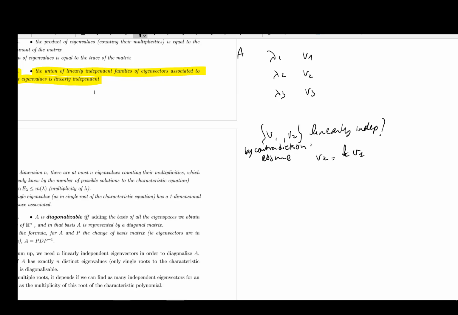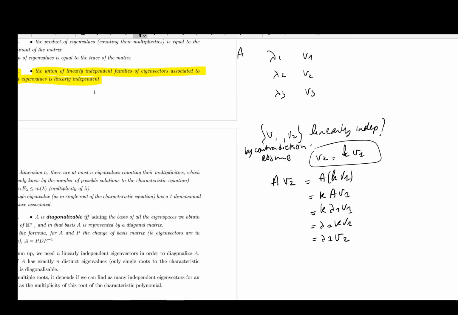We have that A times v2 is just A times k times v1, which is k A v1. And as we said, v1 is an eigenvector associated to lambda 1, so that's just k lambda 1 v1, and I can also write this as lambda 1 k v1. That's exactly equal to lambda 1 v2 by the assumption that we made.